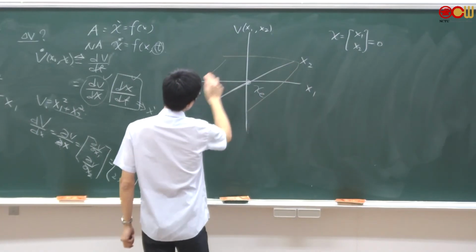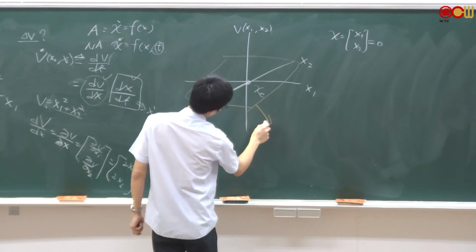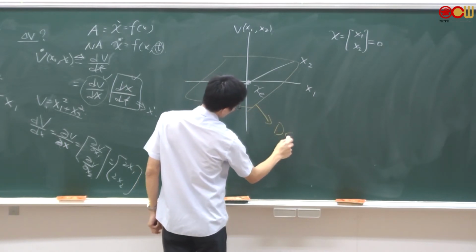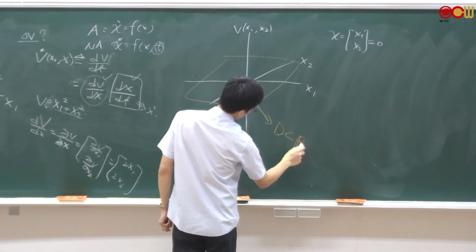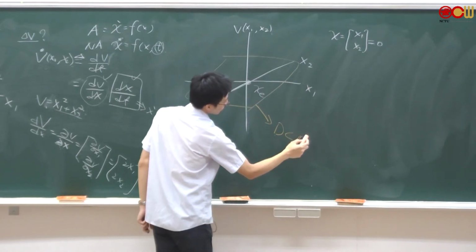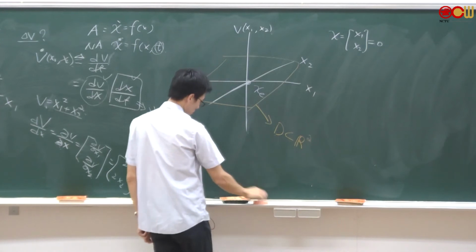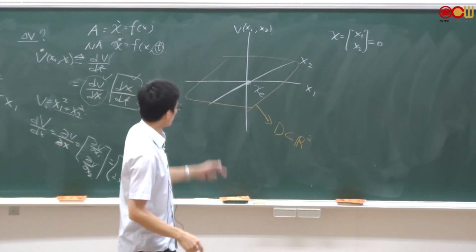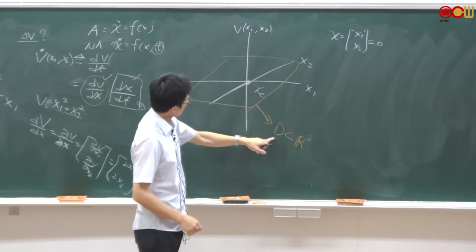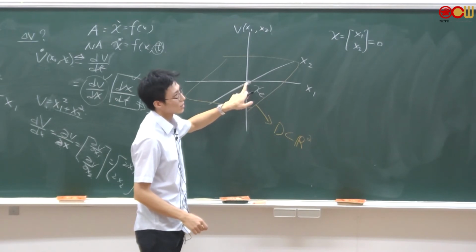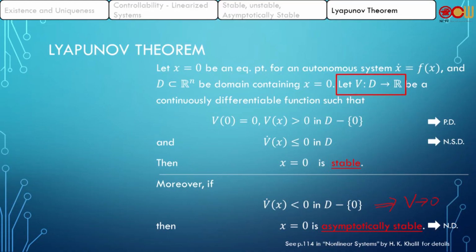Say this is D. N dimension. In this case, it's 2D, right? x1, x2, so it's 2D. And this domain D contains the origin. Then let a function V map from D to R.